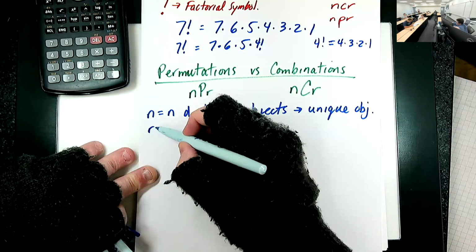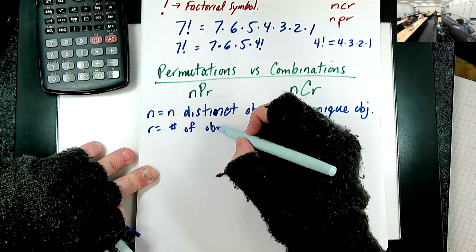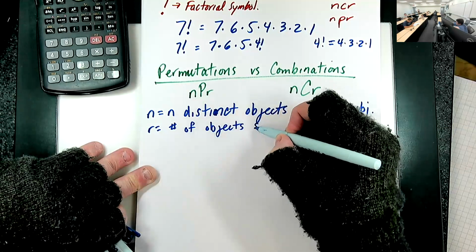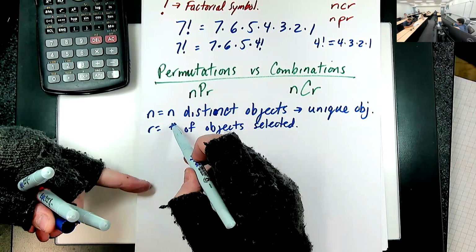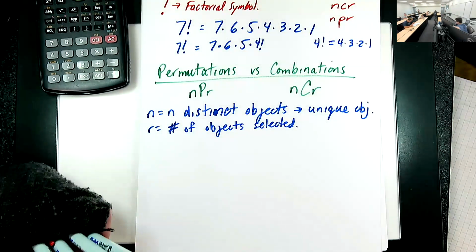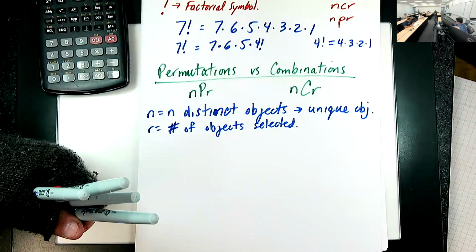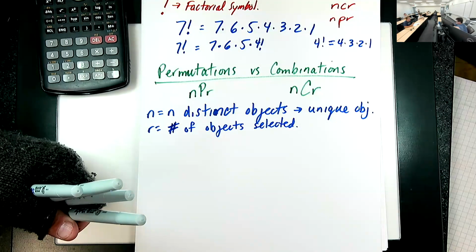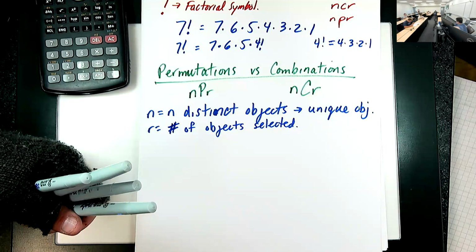R is going to be the number of objects that are selected. And that's true for both. Maybe the NPR is the easier one to go first.